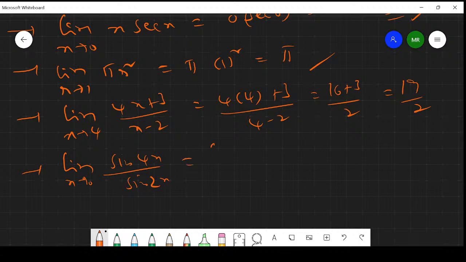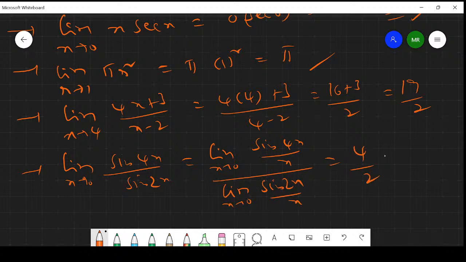So like this, similar to what I told earlier, I can write limit x tends to 0, sin 4x by x, divided by limit x tends to 0, sin 2x by x. This is limit notation. Numerator will be 4, denominator will be 2. Answer will be 2. That will be easy. We can do that. You will get the answer 2 only, right? Simple, you can write this. Applying the limit, you can substitute the limit and you will get the answer 2. Directly you can divide, you can do that.